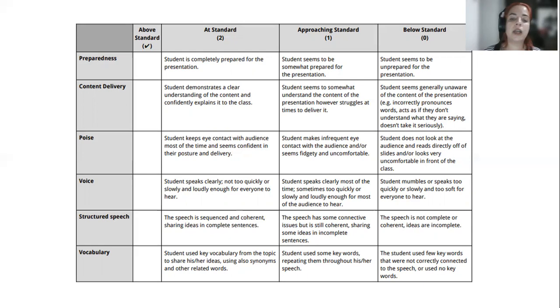And finally, the vocabulary. There are some keywords that are related to the topic. So if we're talking about feminism, there should be words that we can easily relate to feminism. And if we're talking about technology, these words must be related to technology and so on.